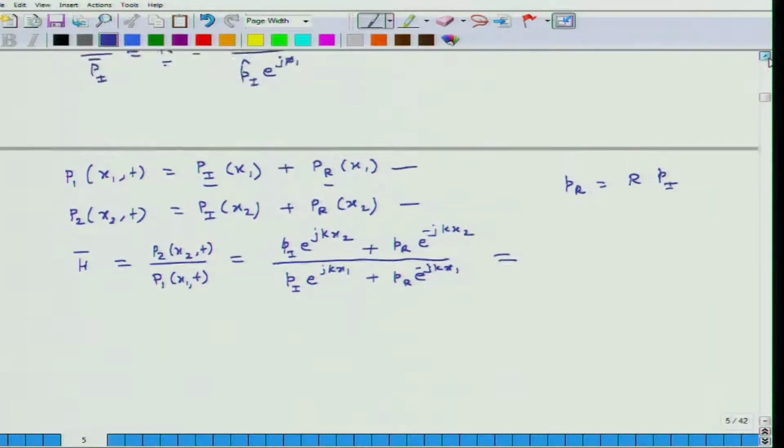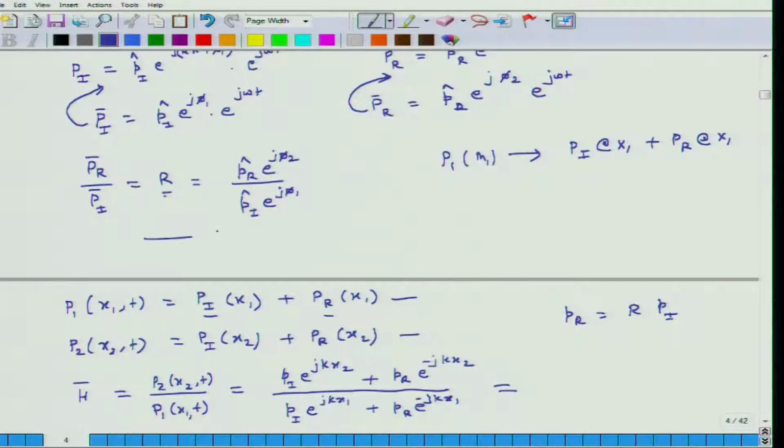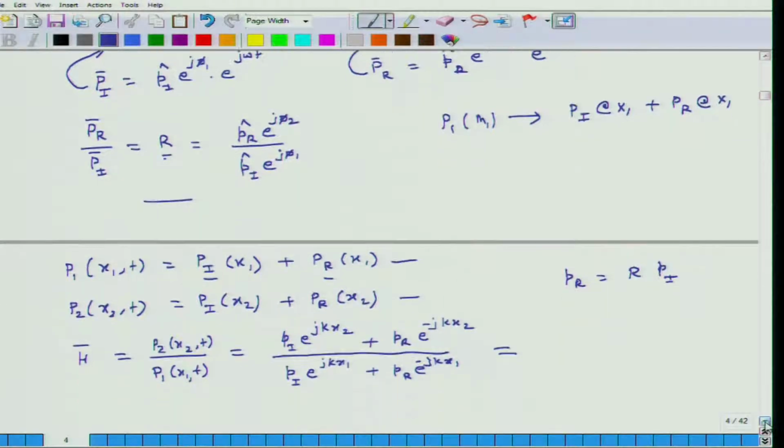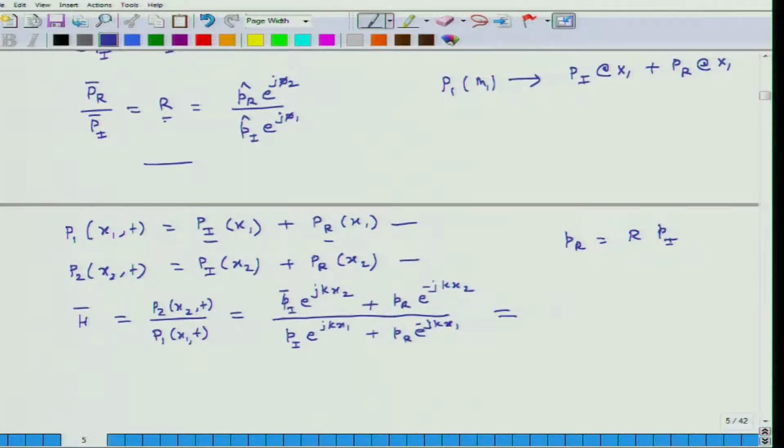We have defined it here. So actually I should have put these bars on them if I had been more careful, so that there is no confusion.